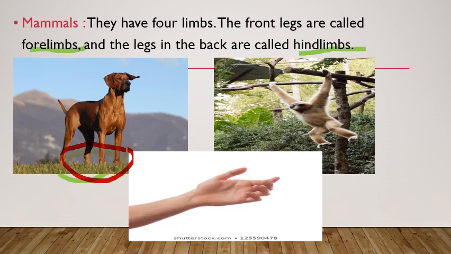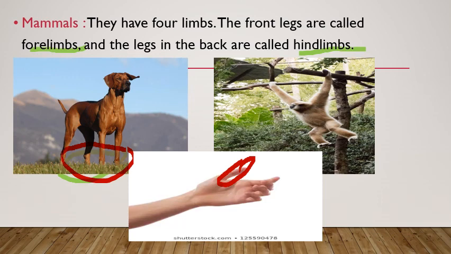Now in monkey, you can see they have two hands and two legs. With the help of two hands, they are hanging on the tree. And human beings have a special feature called the grip of this thumb. We all have thumb, isn't it? Now this thumb is an opposable thumb. Opposable means with your thumb you can touch your little finger, ring finger, middle finger, and your point finger.